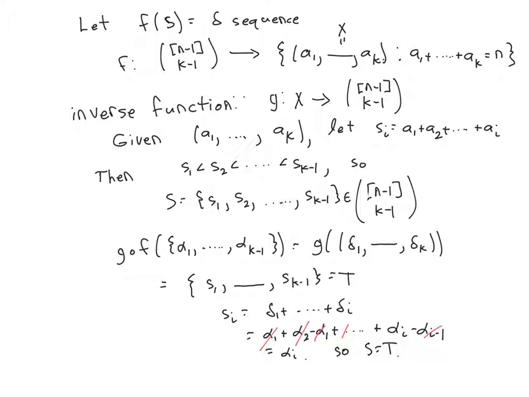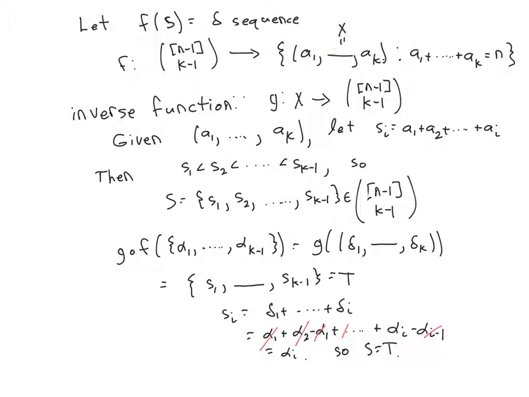And the composition in the other direction works the same way. Given a sequence, you create these partial sums, and then you do these difference operations to get the delta sequence. But if you take the difference of two partial sums, you actually just get the next term in the sequence. So you actually recover the same thing you started with. And so this actually is a bijection.